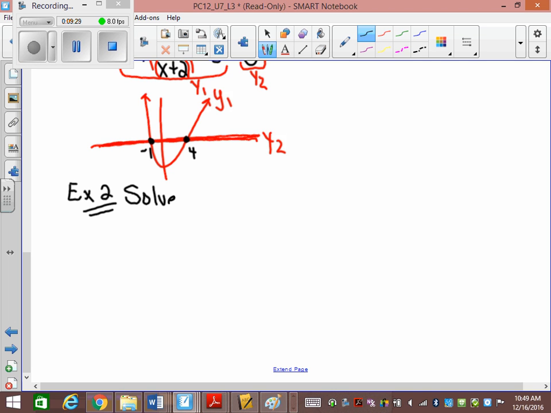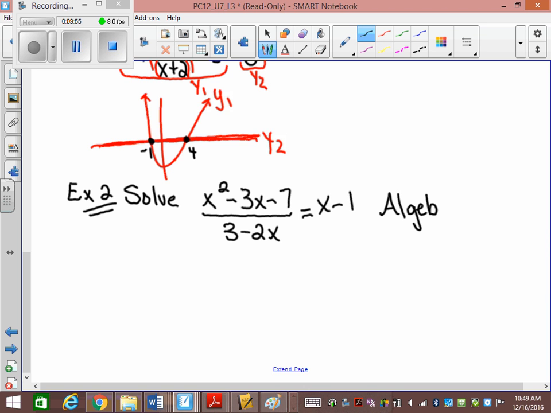Solve x squared minus 3x minus 7 over 3 minus 2x equals x minus 1 algebraically and check graphically.